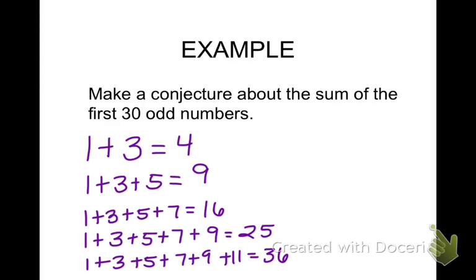Here I took the sum of the first 2, emphasizing the word 2, odd numbers, and I got 4. Here I took the sum of the first 3 and got 9. Here I had the first 4 and got 16. So Steph got it. You guys getting it back there? Here I had the first 5, ended up with 25. Now we got it?